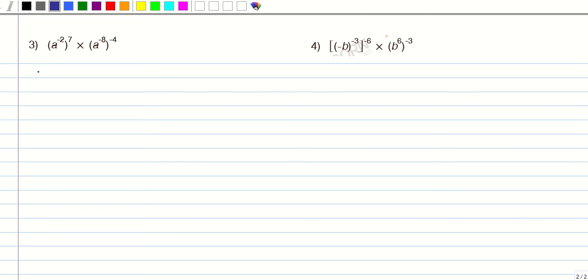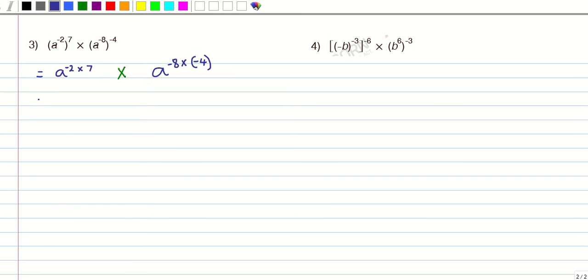So using property number 3, we get a to the power of negative 2 times 7 times a to the power of negative 8 times negative 4.